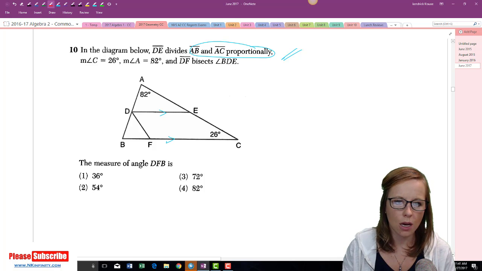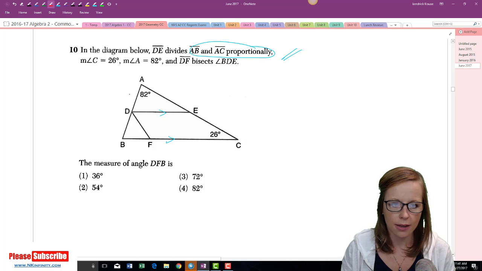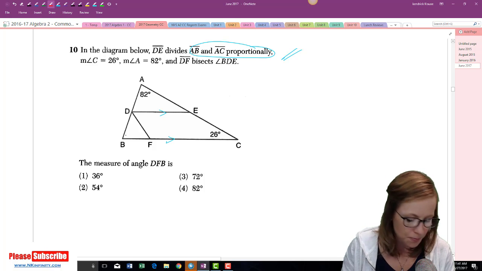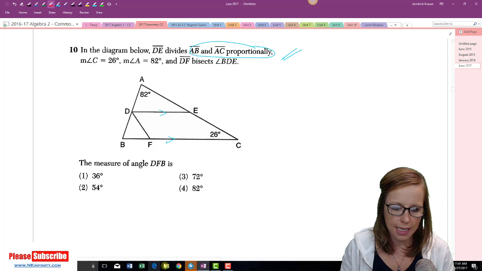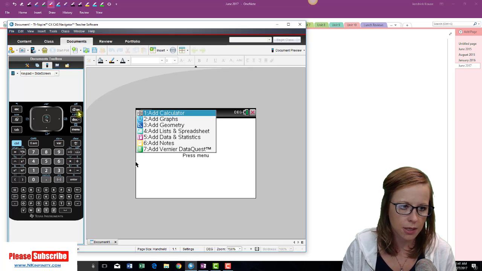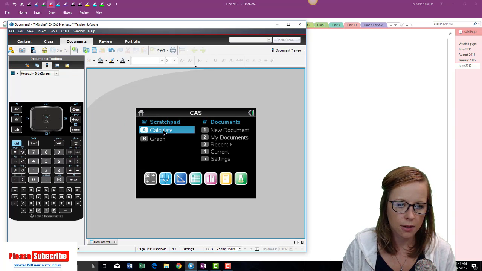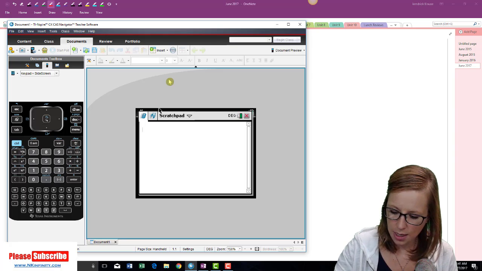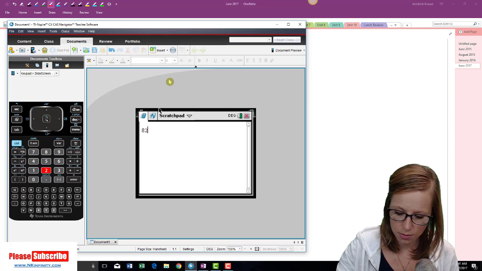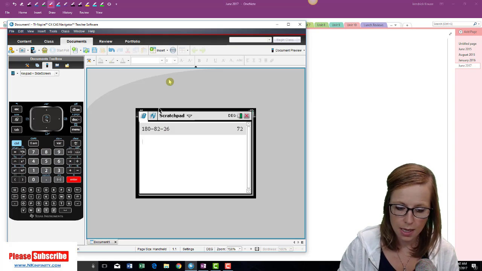So if those are 82 and 26, in the big triangle ABC, I can figure out angle B. I can do 180 minus 82 minus 26, which is 72.